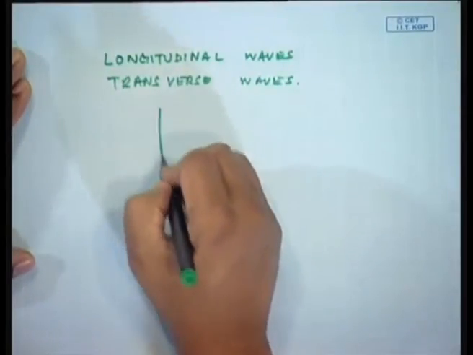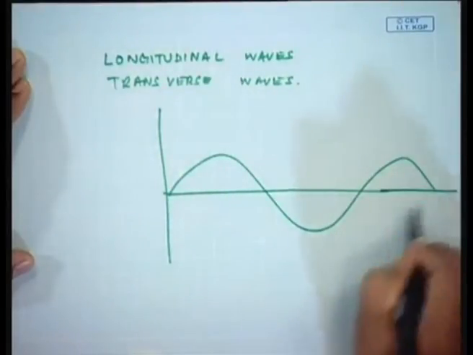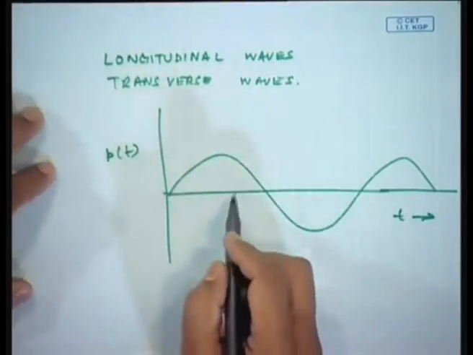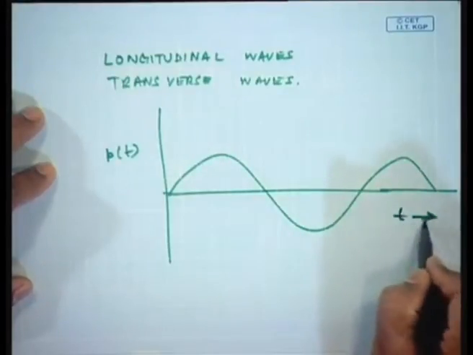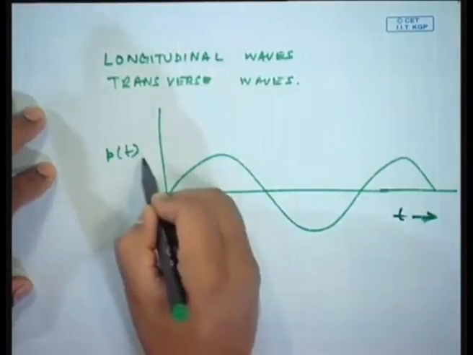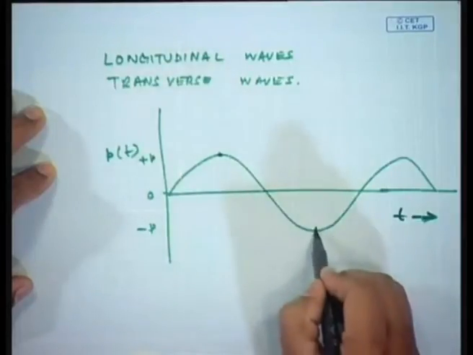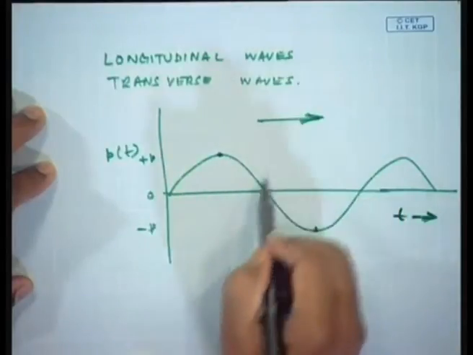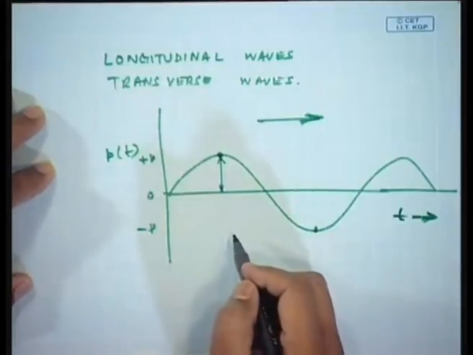If I was to draw a transverse wave, P t, the direction of transmission is along this direction, but the particles have a maxima and a minima perpendicular to the direction of propagation. This is the direction of propagation and this is perpendicular, and thus it is known as the transverse wave.